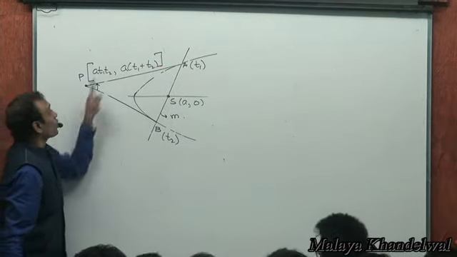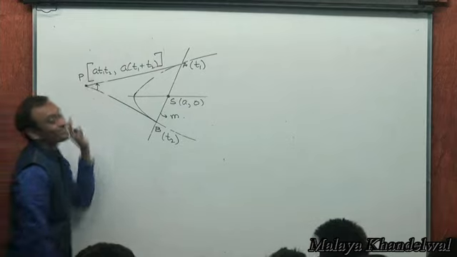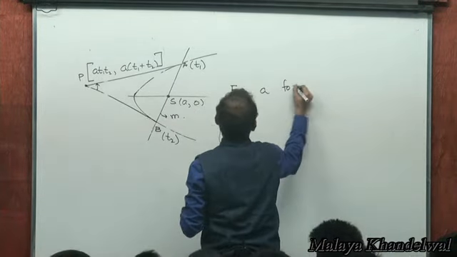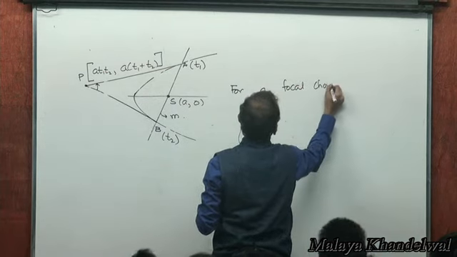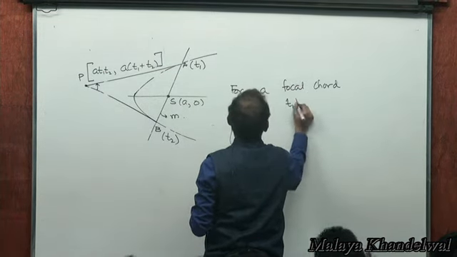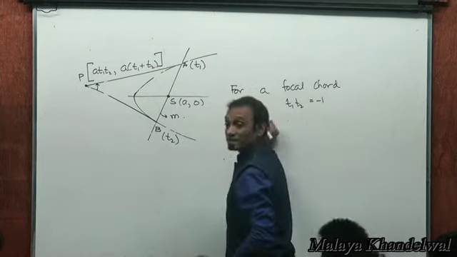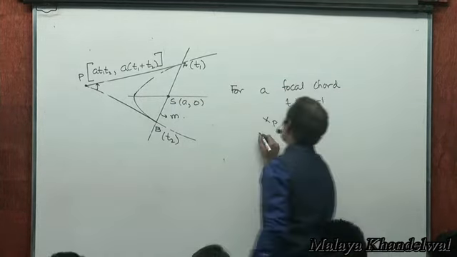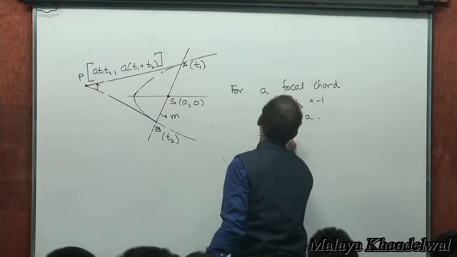But if it's a focal chord, t1 t2 would be minus 1. That means x of P is minus a. That means P lies on the directrix. Very good.